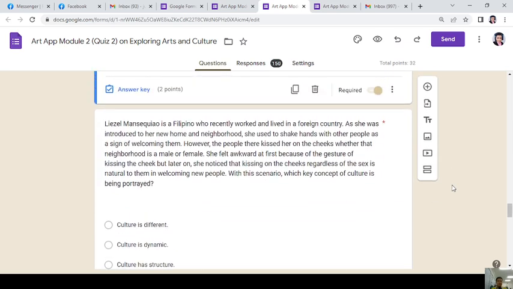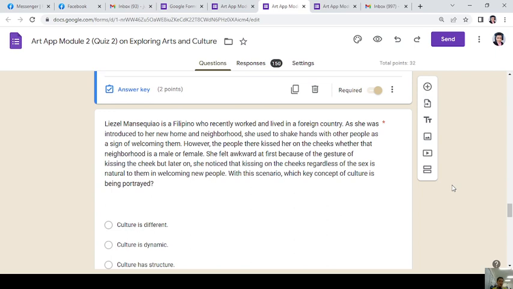Next, Lizelle Mansiglio is a Filipino who recently worked and lived in a foreign country. As she was introduced to her new home and neighborhood, she used to shake hands with other people as a sign of welcoming them. However, the people there kissed her on the cheeks, whether the neighbor was male or female.